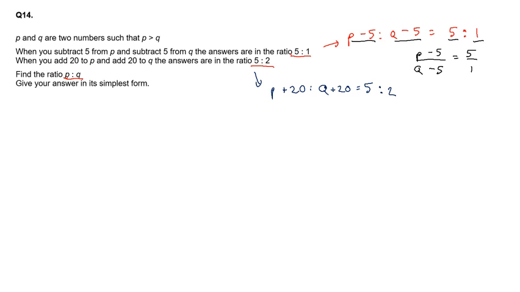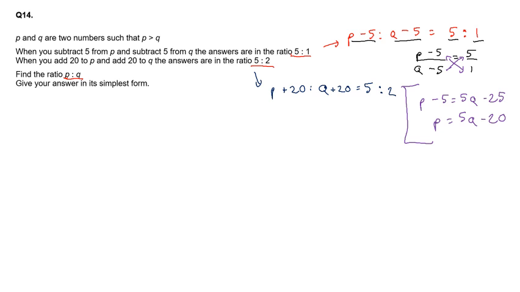After that, what we can do to solve this is we can cross multiply these things. So therefore, I'm going to get P minus 5 equals 5Q minus 25, because 5 times 5 is 25. So therefore, if I get this all in terms of P, I've added 5 to both sides, I get P equals 5Q minus 20. That's going to be useful.